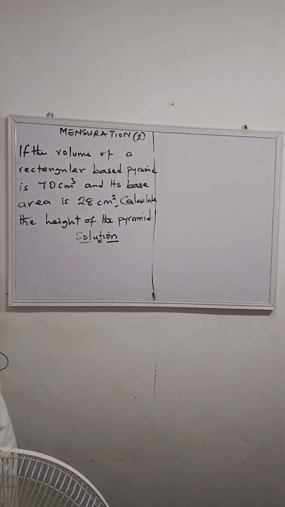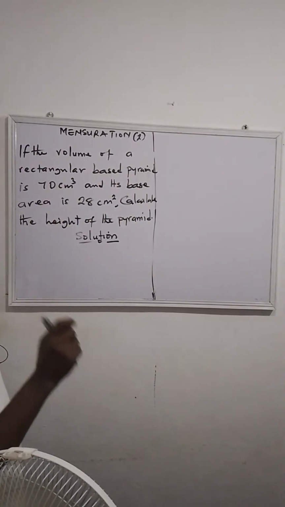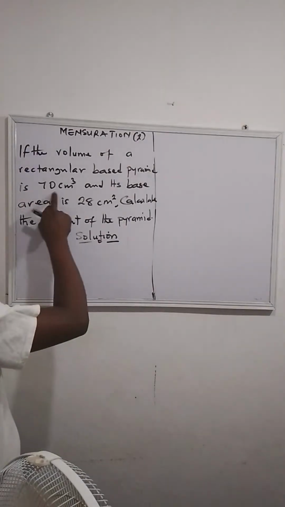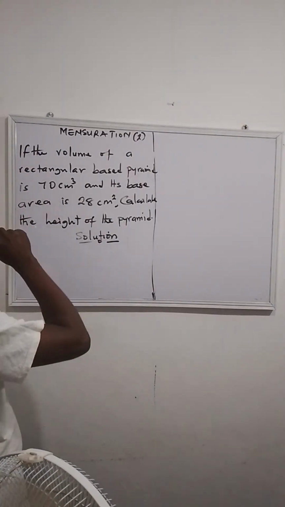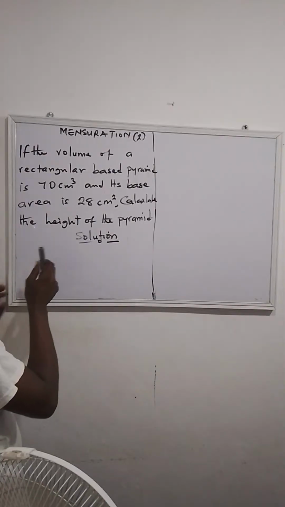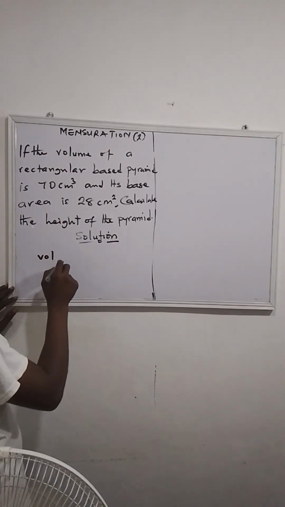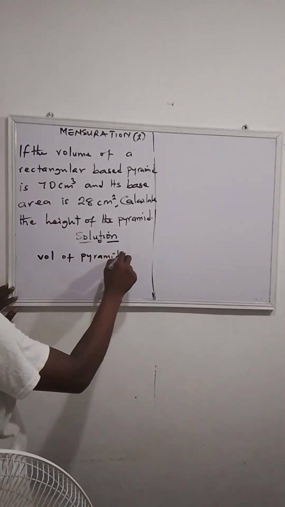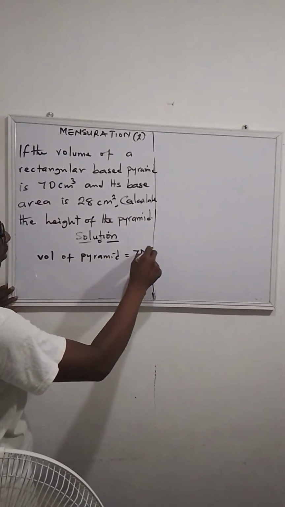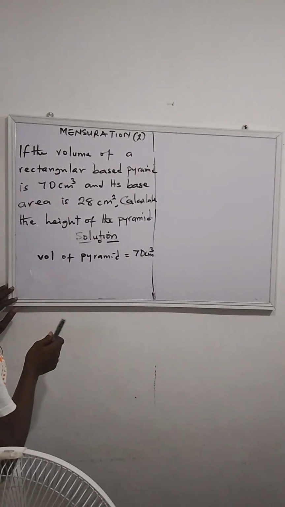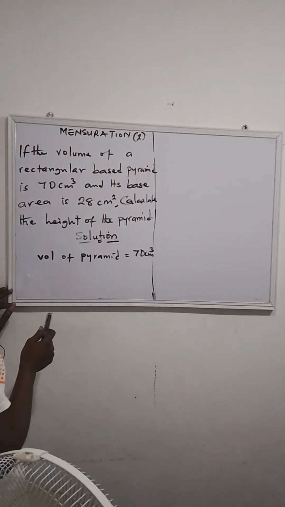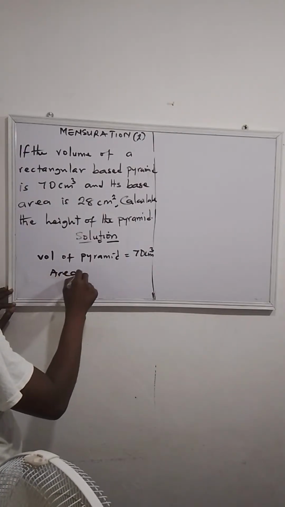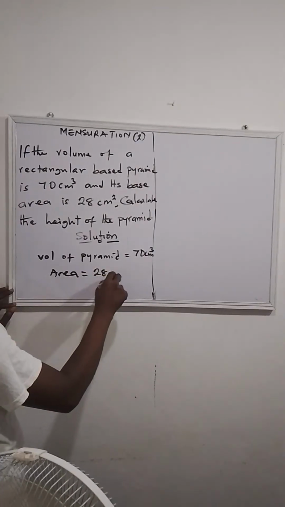Now, if the volume of a rectangular base pyramid is 70 centimeter square, so we have been given the volume of the pyramid to be 70 centimeter cube, and its base area is 28 centimeter square.